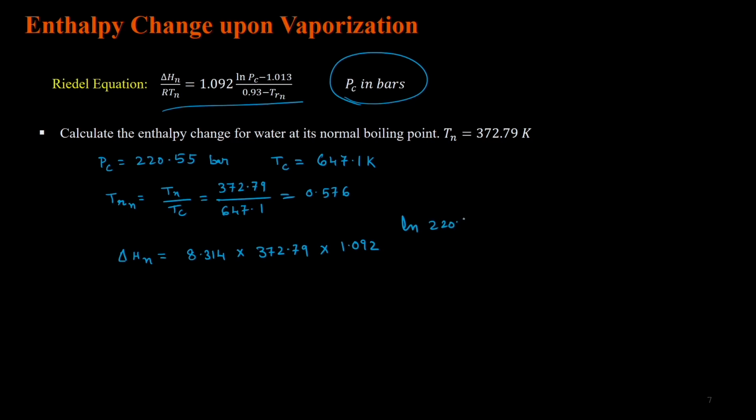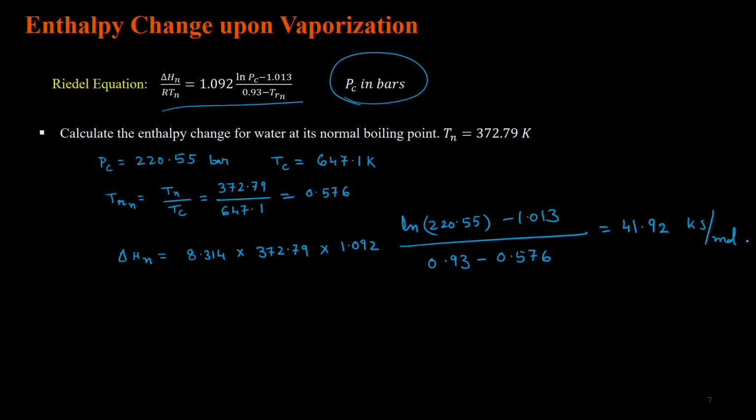It's 220.55 bar minus 1.013 over 0.93 minus TRN, which is 0.576. If I run through the calculation, I would end up with a value of, again, I'm converting joules into kilojoules, it would be 41.92 kilojoules per mole.